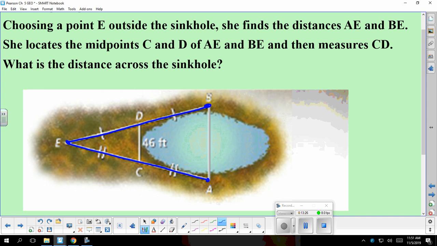And she wants to know how far it is across here. By setting up this triangle so she can measure this length here, she can measure something indirectly that she couldn't necessarily measure across. So what is going to be the length of AB?